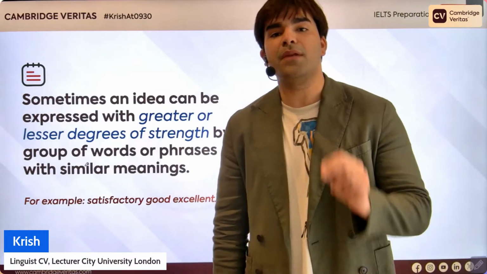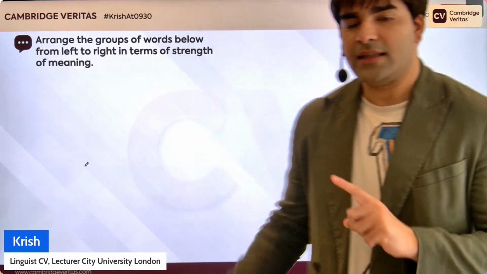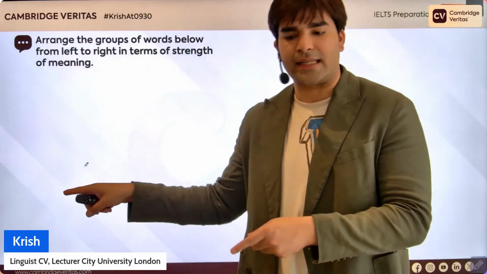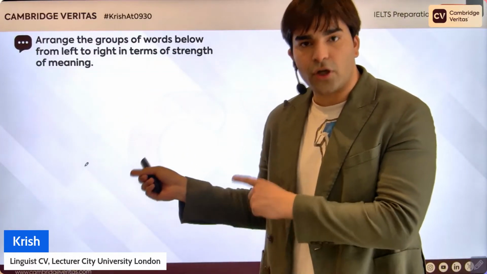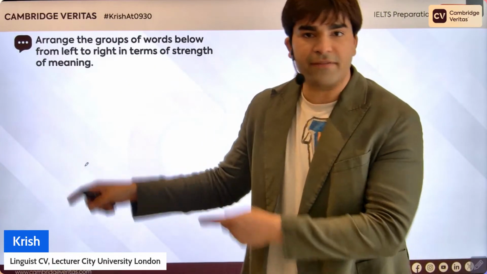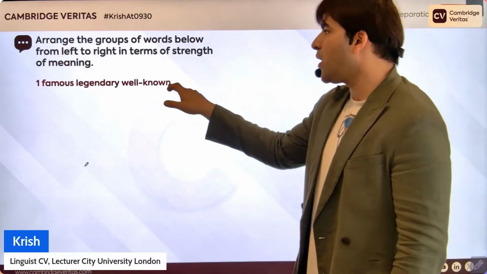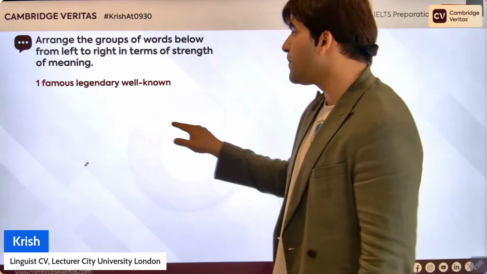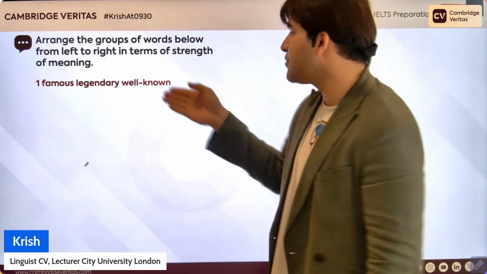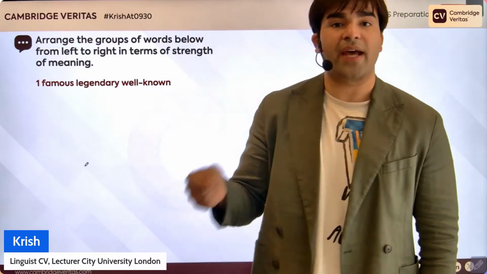Let's move to game number 2 of the day. The game is very interesting and it will confuse you a lot. This game is connected to the last slide. I repeat, this game that we're going to play now is connected to the previous slide. All we have to do is arrange the words that are given below from left to right in terms of the strength of meaning.